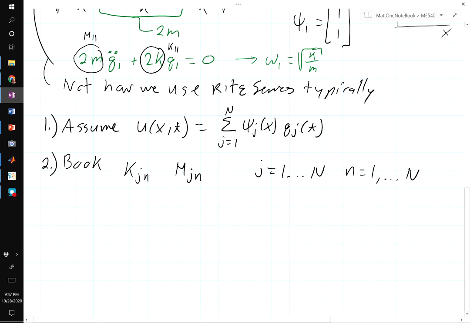So depending on what level of approximation we want. Alright, once we've done that, then we can just assemble the equations of motion. And our equation of motion will be defined by those terms that we've just found.